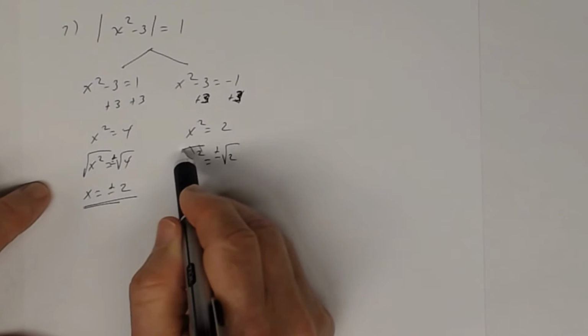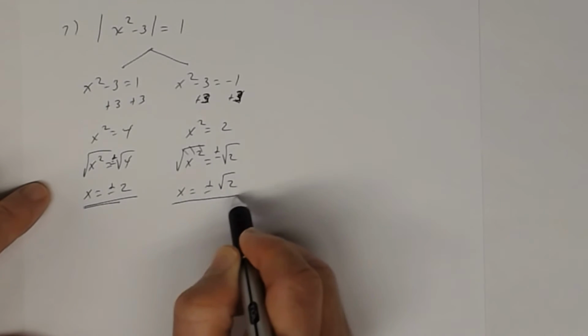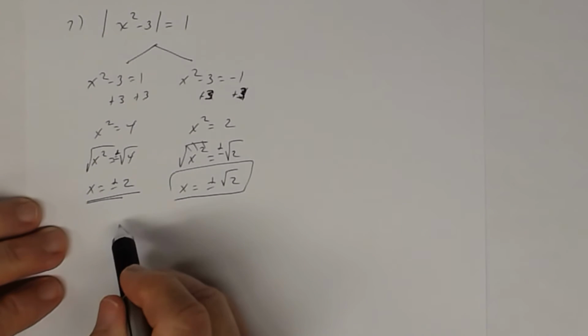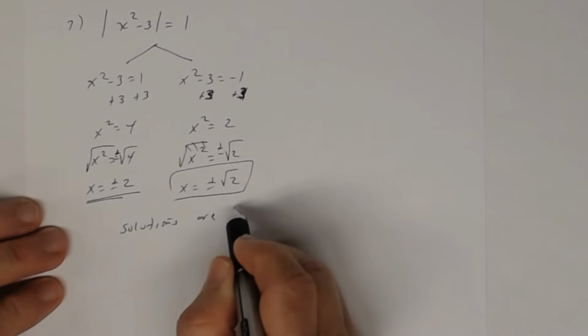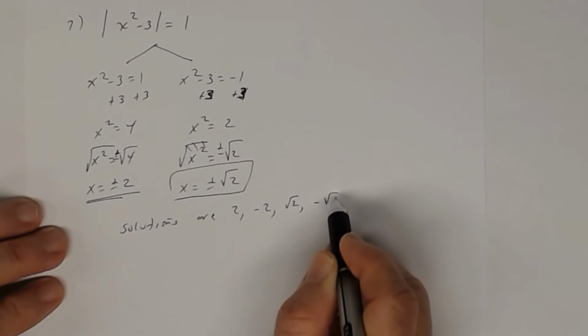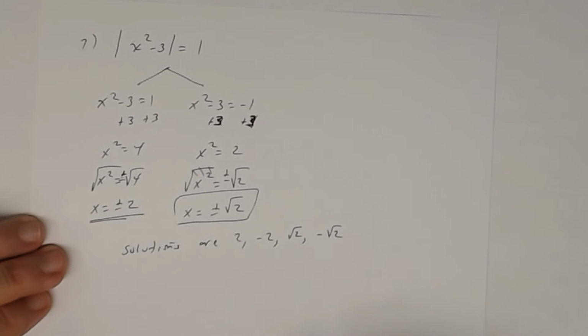The square and the square root undo each other. So you get x equal plus or minus the square root of 2. Notice, I want you to realize there are 4 solutions. So your solutions are 2, negative 2, the square root of 2, and minus the square root of 2. And that's it. That's all you do.